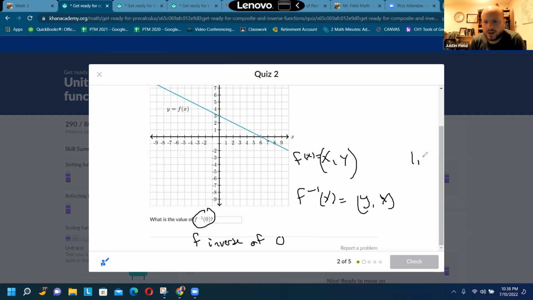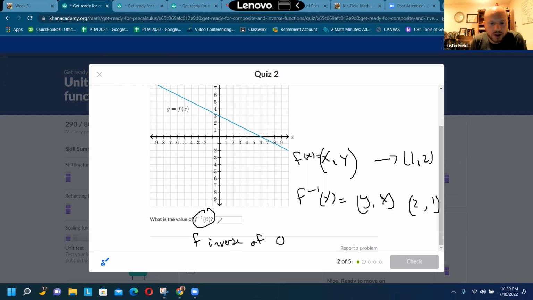So an example point: if (1, 2) is on the graph of f(x), then (2, 1) would be on the graph of the inverse.